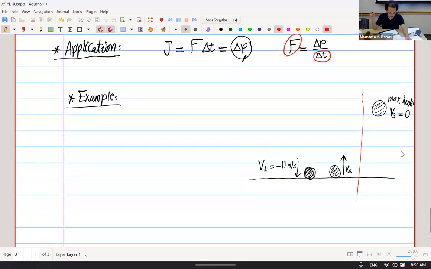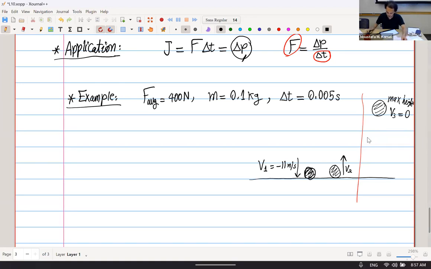Our target here is to get the maximum height, knowing that the average force the floor exerts on the ball is 400 newtons, the mass of the ball is 100 grams, or just 0.1 kilogram, and the contact time with the floor is 5 milliseconds, so it's 0.005 seconds.